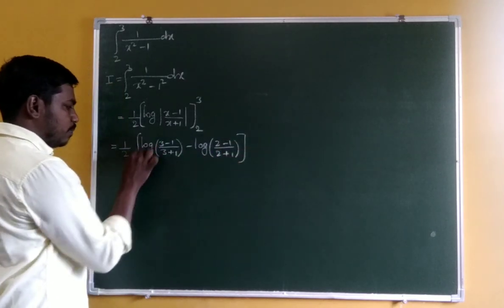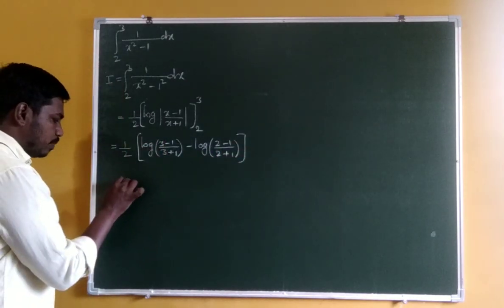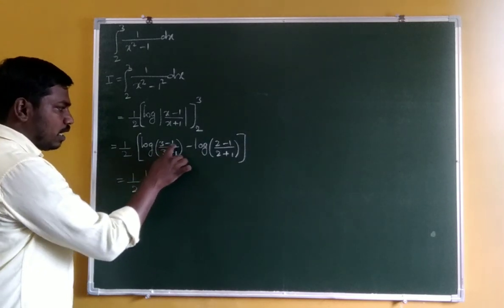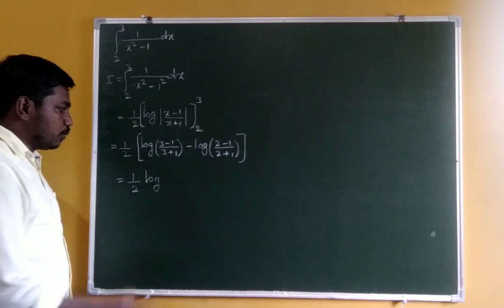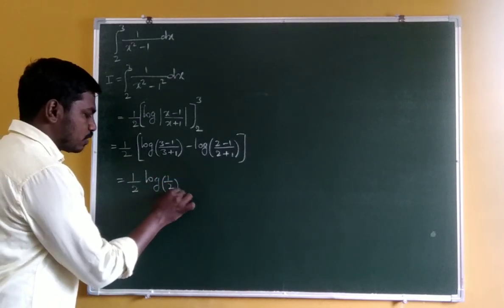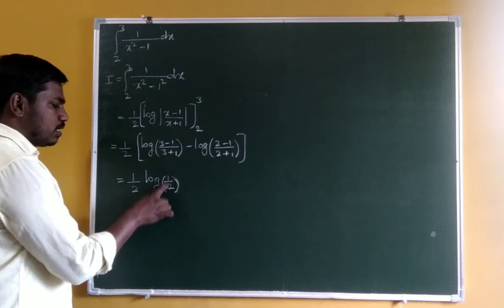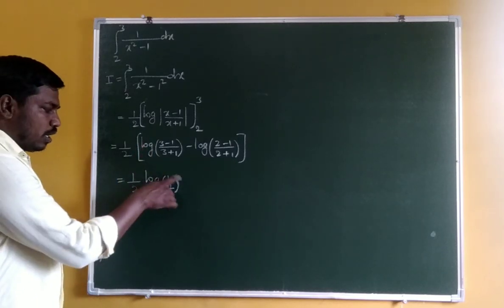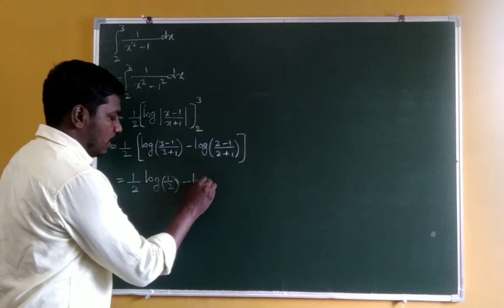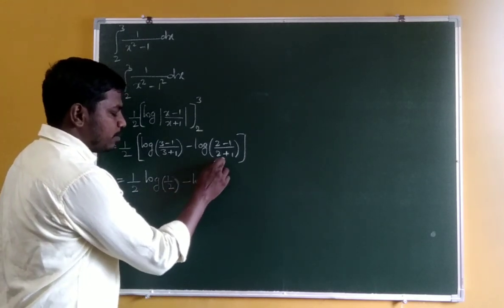Right, now complete. 1 by 2 into log of 3 minus 1 is 2 by 4, that means 1 by 2. Since 1 by 2 is positive, there is no need to write modulus. Minus log of 1 divided by 3.